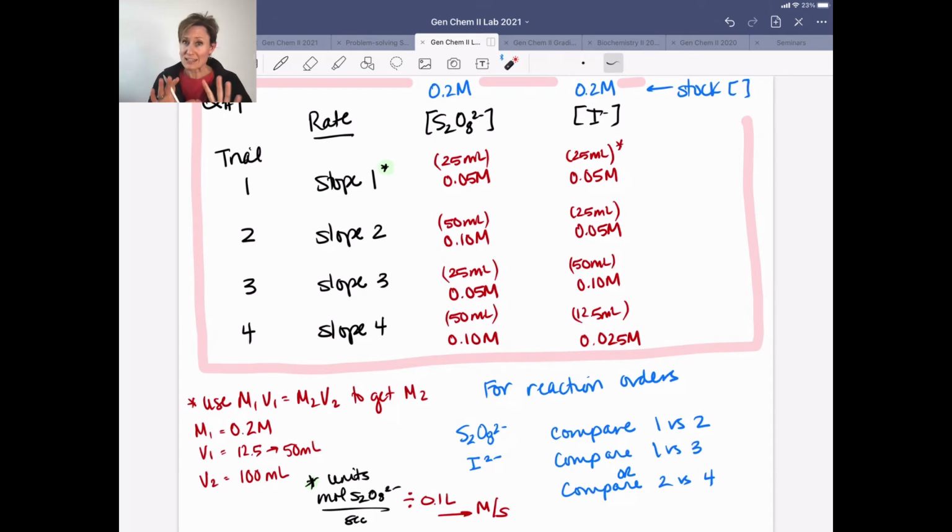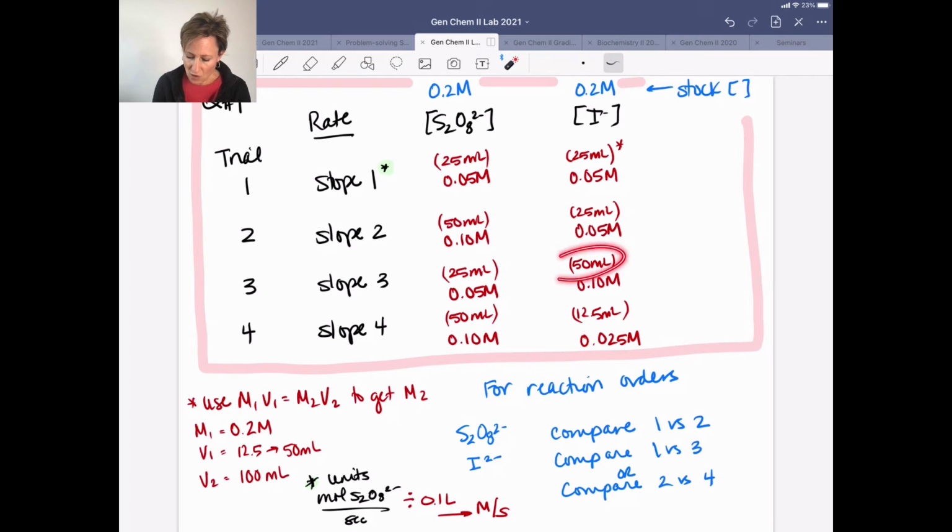Okay, so again, this is going to be different for your experimental data for this year, but comparing what we had from last year, for example, if I wanted to figure out the reaction order with respect to S2O8, I have to find an experiment where I am not changing the concentration of I-, okay, but I am changing the concentration of S2O8.